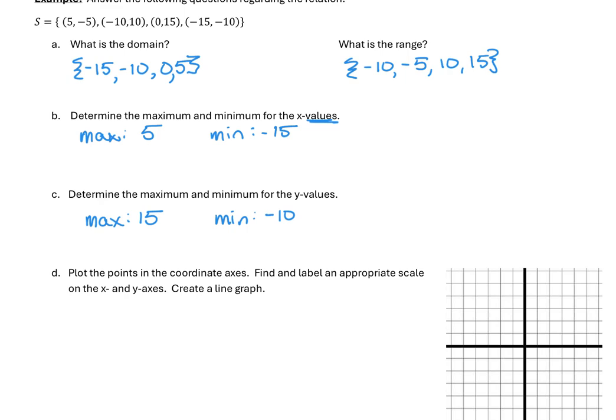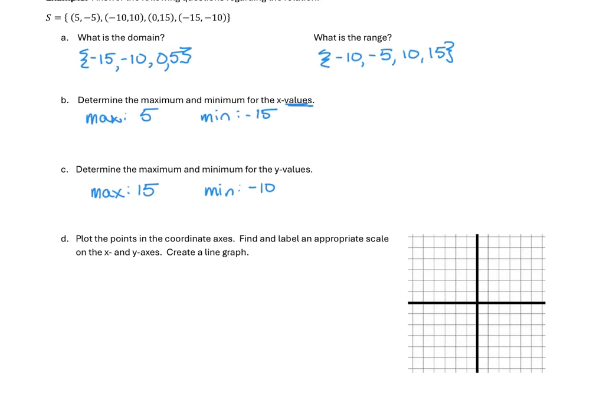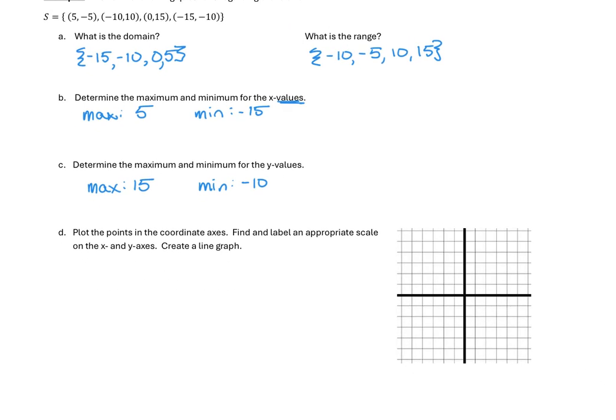Okay, we're going to plot the points, but we do want to find and label an appropriate scale on the axes. Now, when I look at these points up here, when I look at my numbers, to me, all of these are divisible by 5. Same thing here. And so that is probably going to be a good scale.